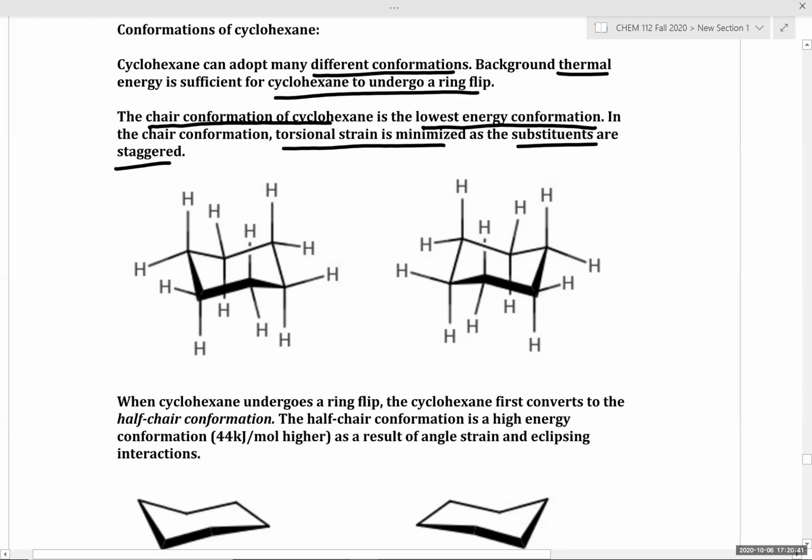So to do that, I'd like you to get out your model kit and make a model for cyclohexane.